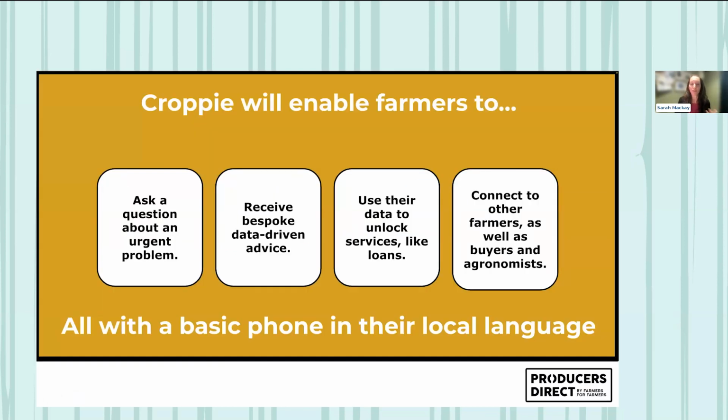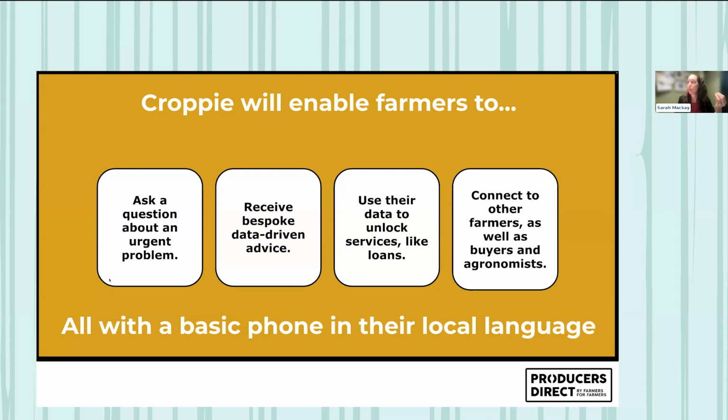So our vision for Croppy as we move forward is to build a platform which is designed by farmers, trained with farmer-led data, building this massive data set of smallholder data which can be used to develop AI in the future. It connects farmers to each other, to other stakeholders in the value chain, and is accessible through multiple different communication channels.